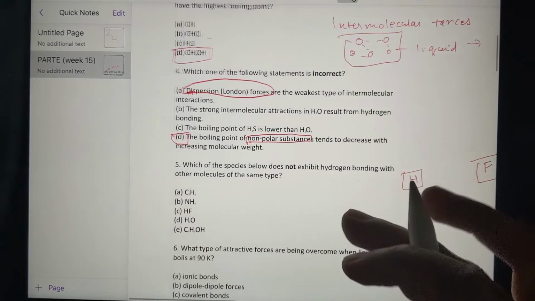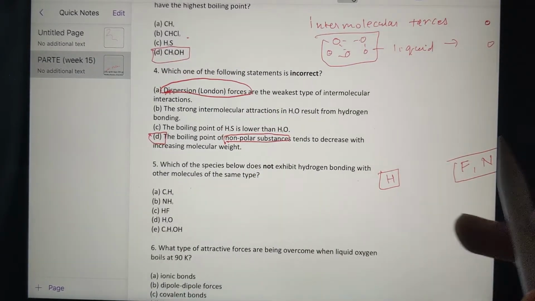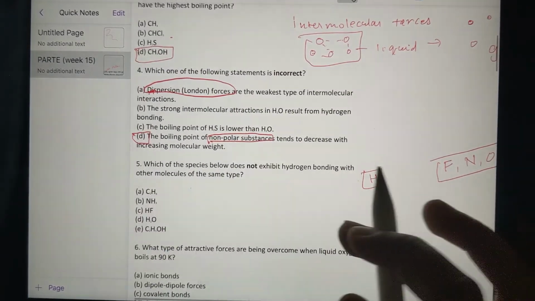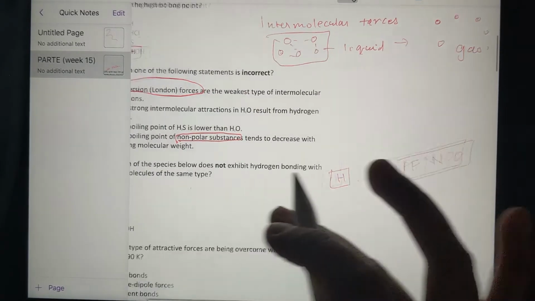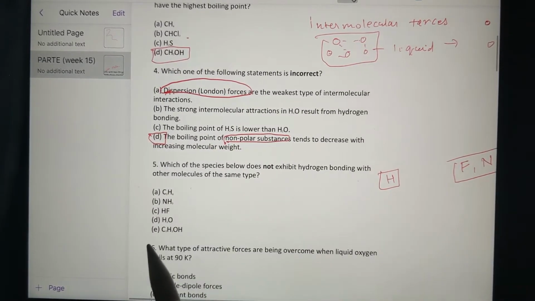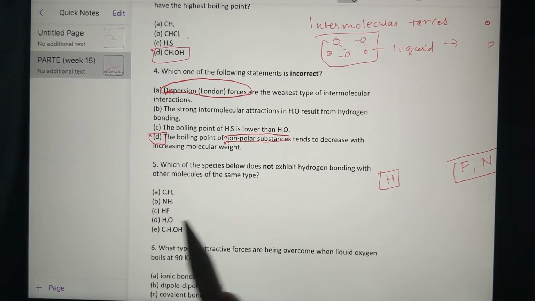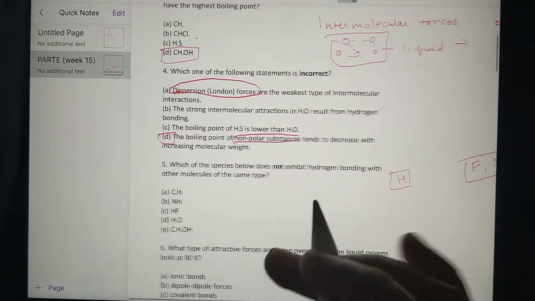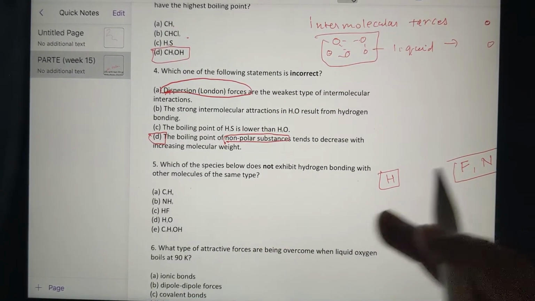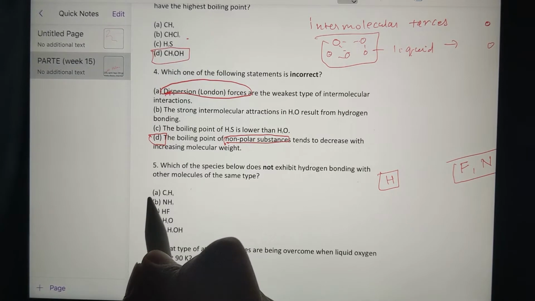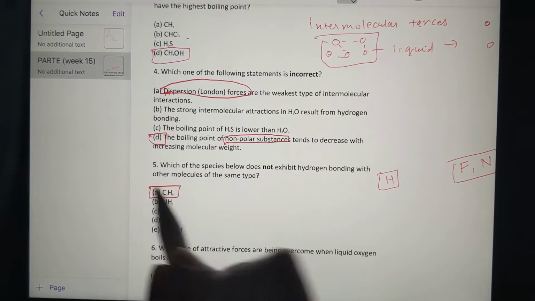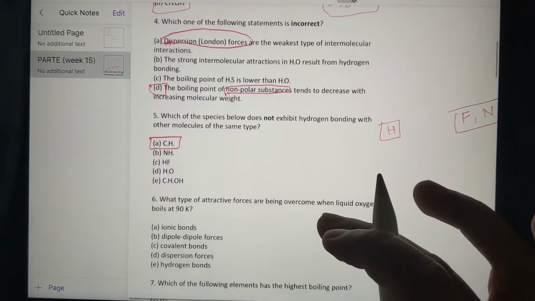We will see which of these does not have these elements. For E, you have oxygen and hydrogen. The same goes for water, and this is HF, so you have fluorine. In this one, you have nitrogen and hydrogen, while this one is just carbon and hydrogen. So this one does not have any hydrogen bonding.